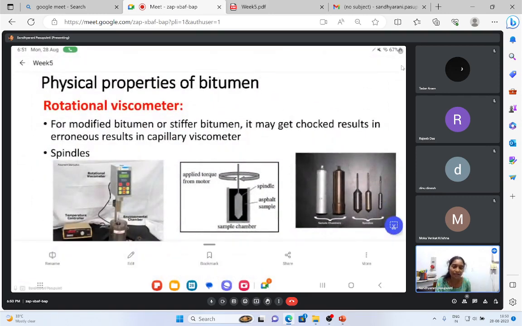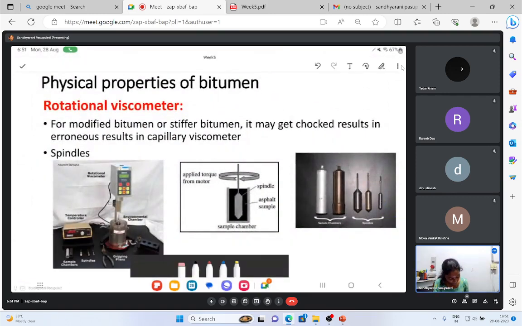So then if we already have the capillary viscometer, then what is the purpose of going to another viscometer? Let us say the glass tube tests you could have seen previously are usually applicable for unmodified binders. When I say unmodified binders, they are not that stiff and they do not have any additives in them.